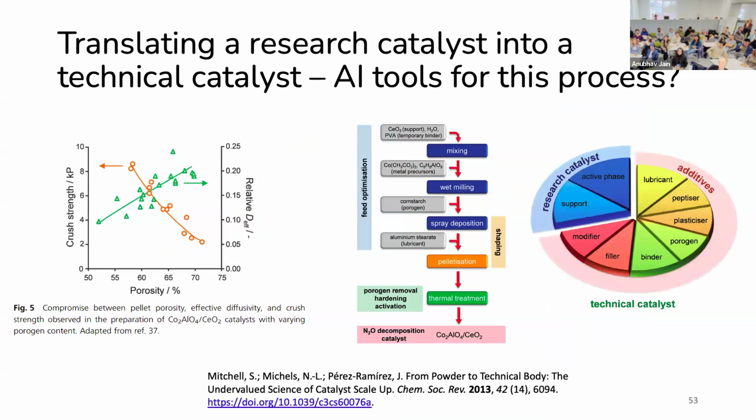For example, we always say that, okay, we have the research catalyst, we got a Nature paper out of it, we're kind of done now. But one of the things you might need to do is figure out what is the trade-off between mechanical strength and activity of your catalyst. Because on the left, there is the porosity of your technical catalyst, of your little pellet. If you have higher porosity, your gas can diffuse through your material.